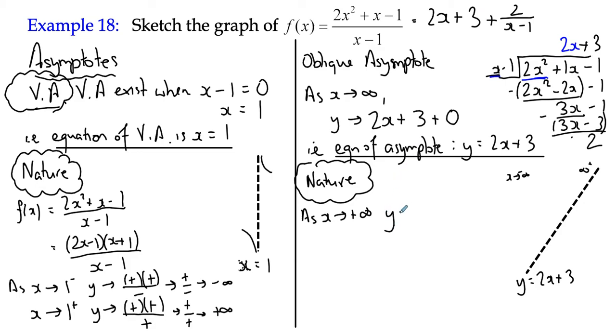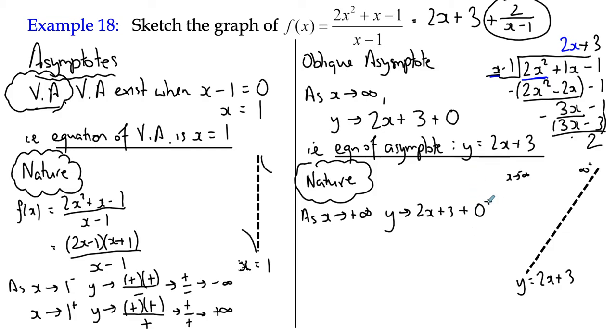Well, we know that y tends towards 2x plus 3, but is the 0 a 0 plus or 0 minus? If we check the original function, 2 over x minus 1, when x is large and positive, the fraction is going to be 0, but positive, just a value slightly over 0.